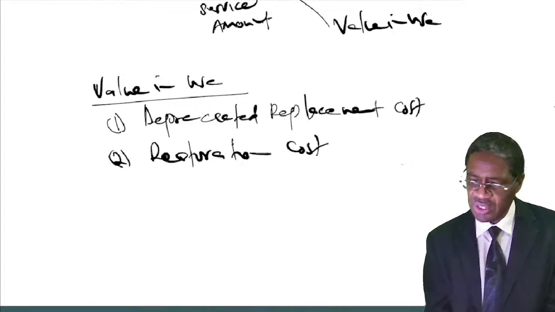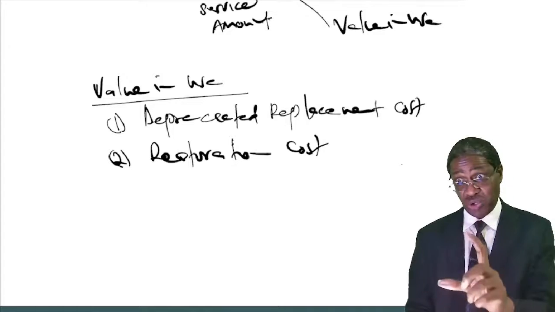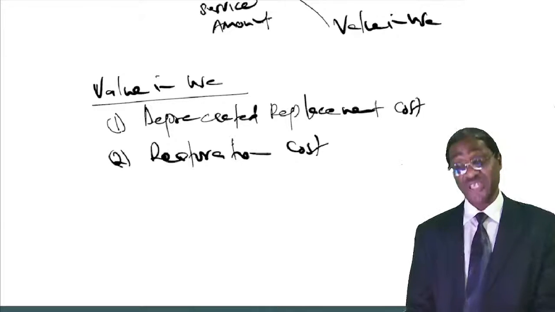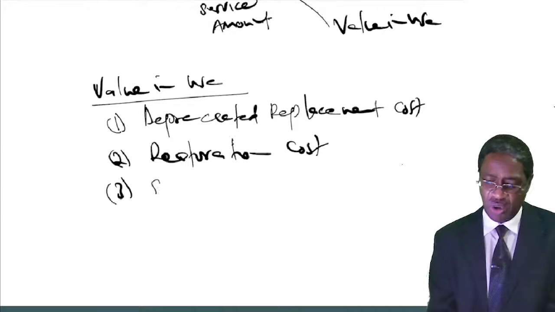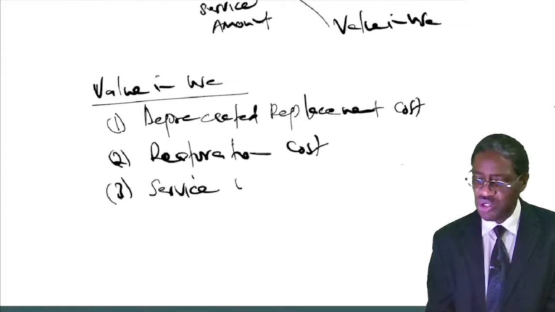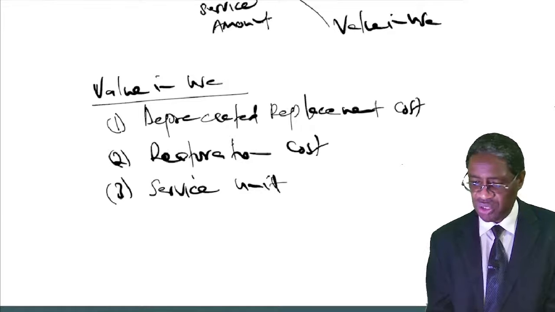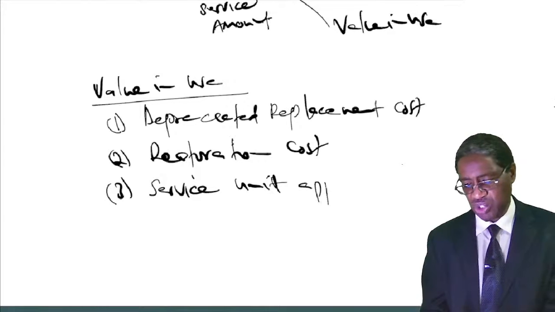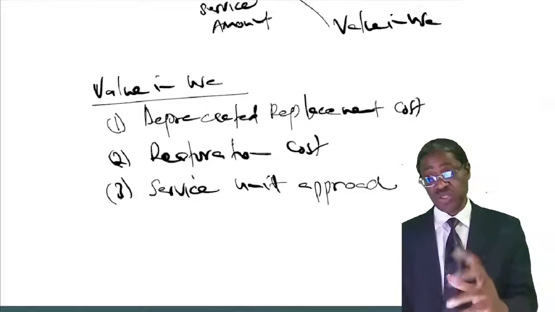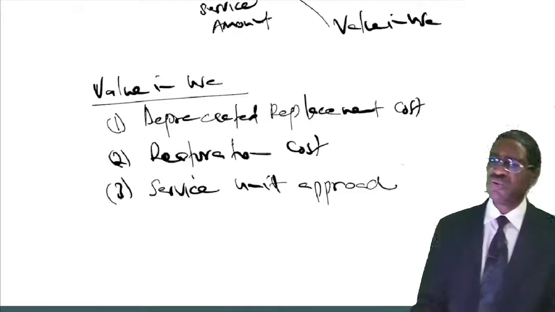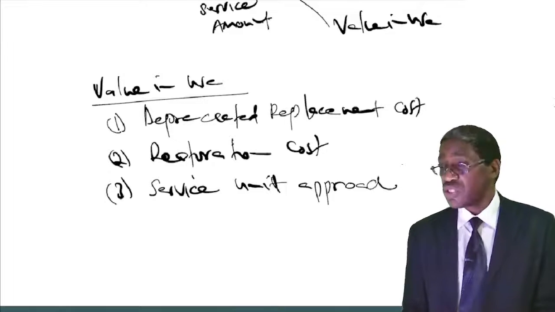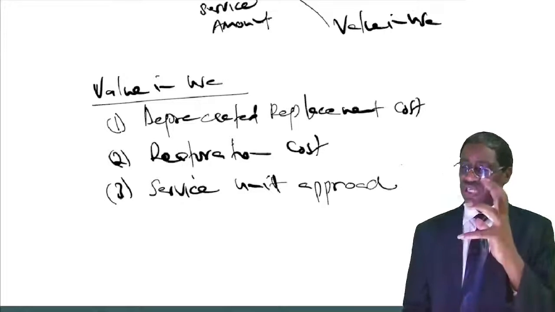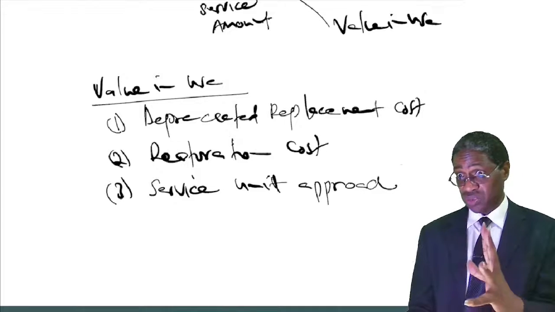The third is what we call the service unit approach. These are the three methods of computing the value in use. The question will always tell you which method you should use.